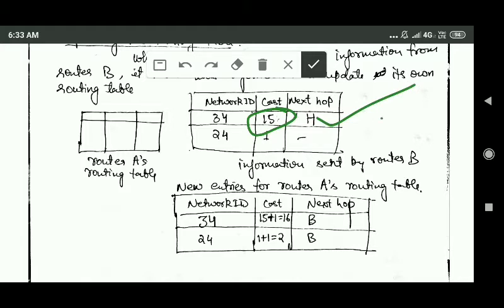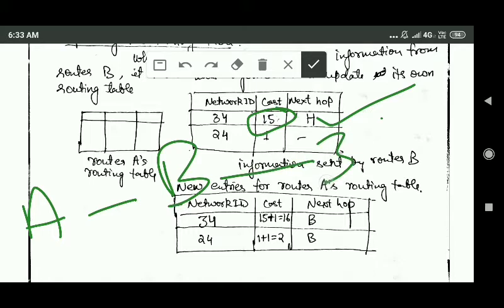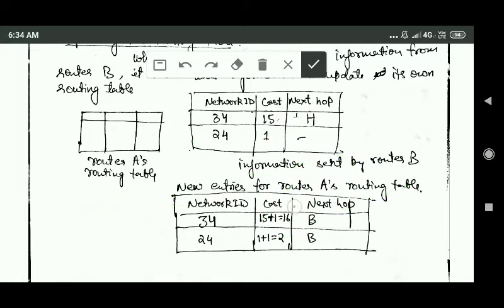So how will A form the entry for this table? A has a direct link with router B. So if A has to send a packet to network ID 34, then first A will send the packet to router B, and it will incur a cost of 1 unit. And for router B to transmit the packet to network 34, it will cost 15. So the total cost for transmitting a packet from router A to network 34 will be 1 plus 15, that is 16, right?